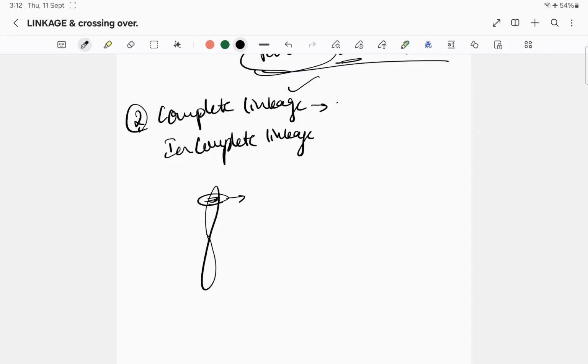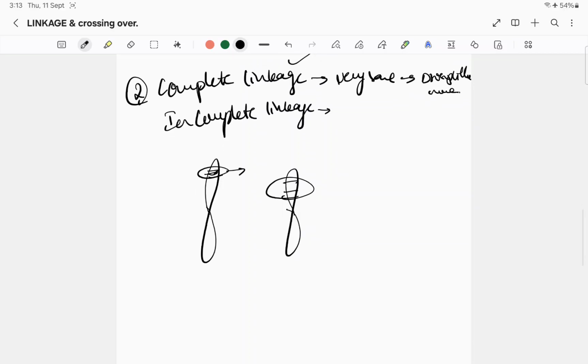This is a very rare condition and is generally observed in Drosophila male, right? While coming to incomplete linkage, the genes are present close to each other, but crossing over may occur occasionally which separates them.